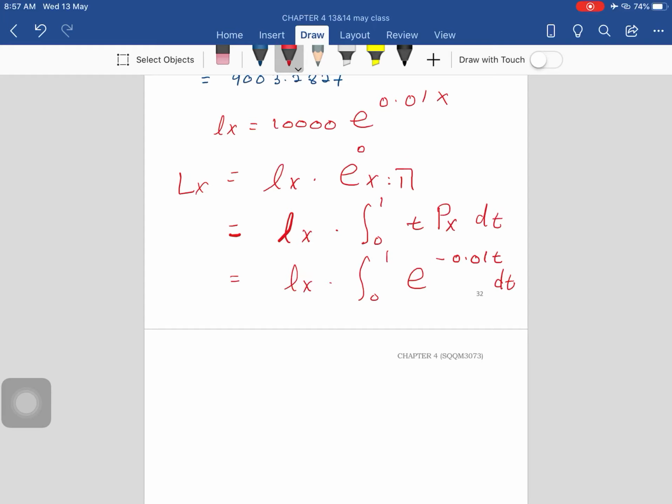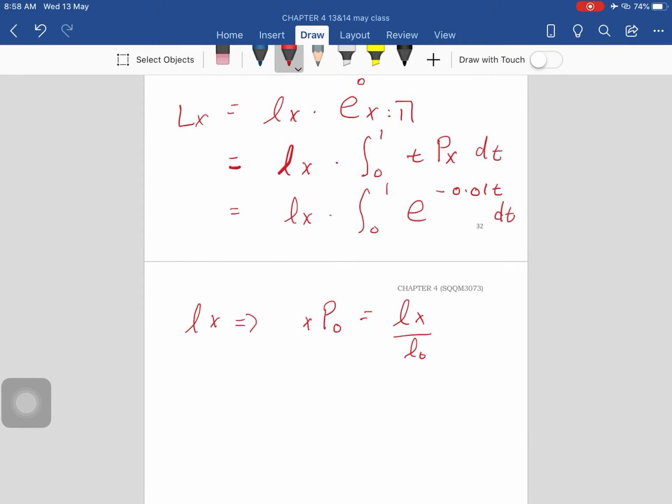So from here, what is Lx? Lx we can get from Lx over L naught. So xp0 is E negative 0.01x, since it is constant. Lx over L naught is 10,000.